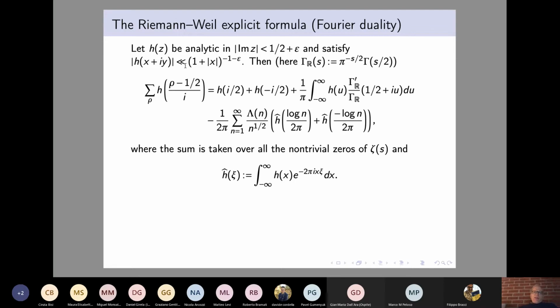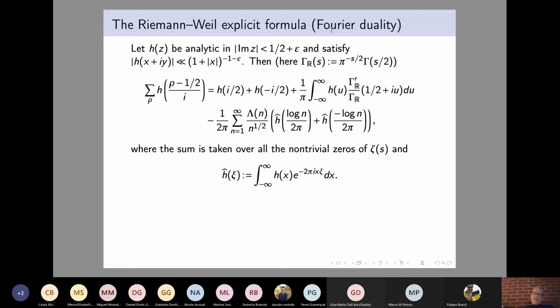And then if we play basically the same game, we get a sum of the values of h at the non-trivial zeros of zeta.